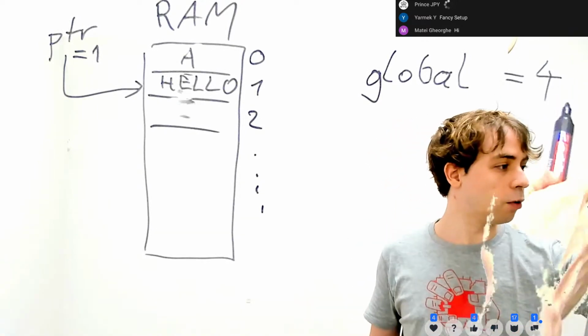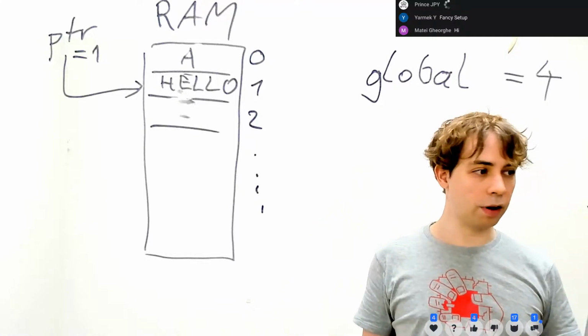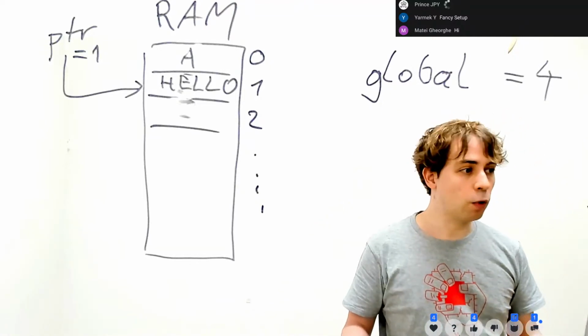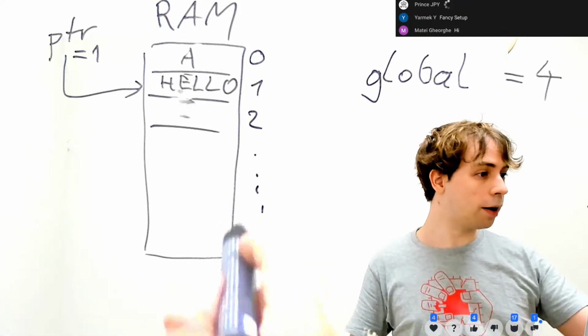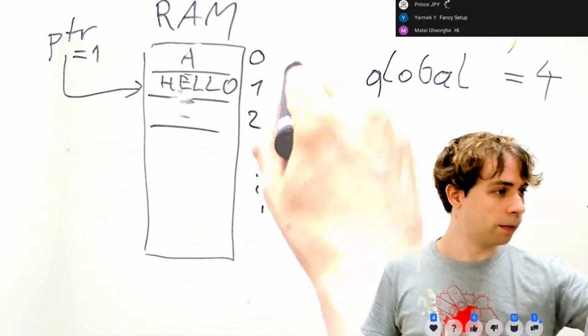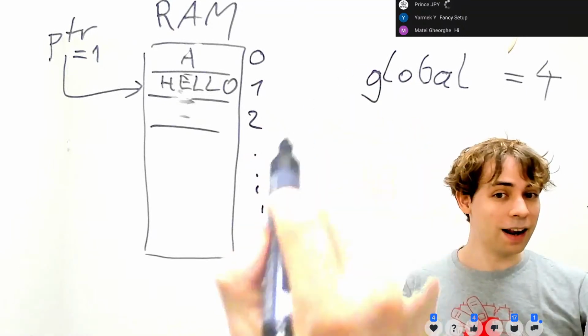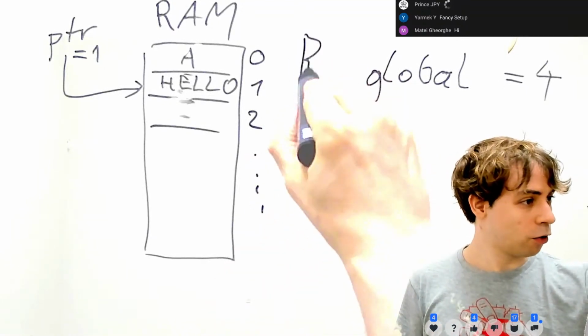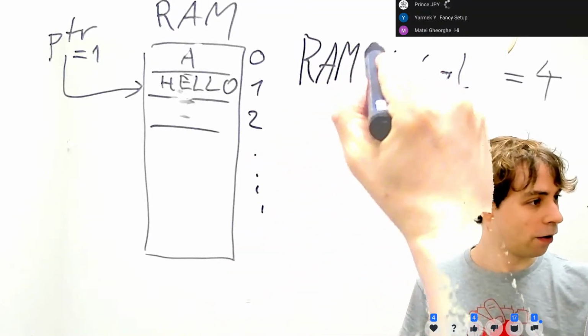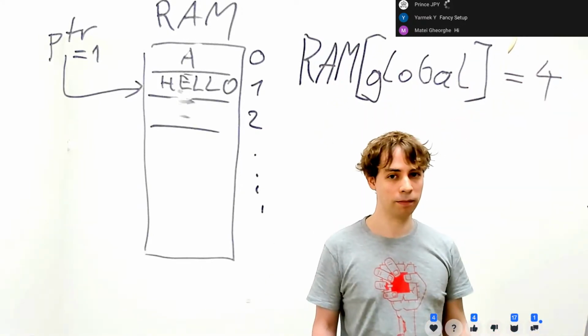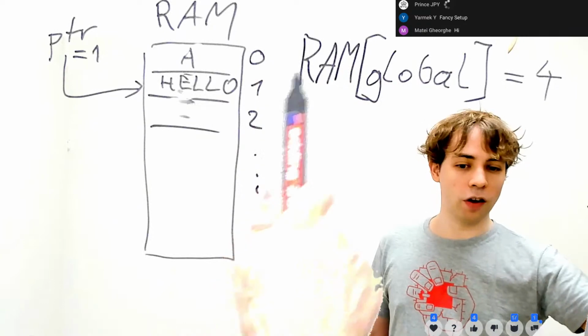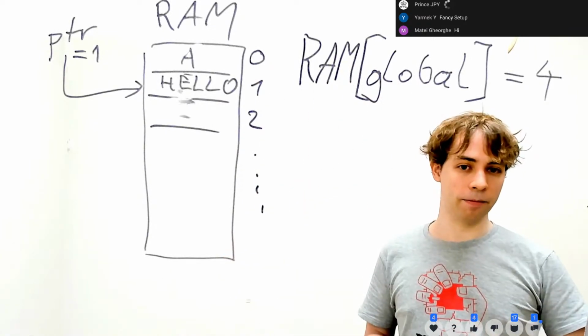I assign this value of 4 to this global variable. Now what you can imagine the compiler or the hardware actually does all the time, given this model, is that this is actually an array access: RAM at this offset equals 4. The RAM is just a huge array.